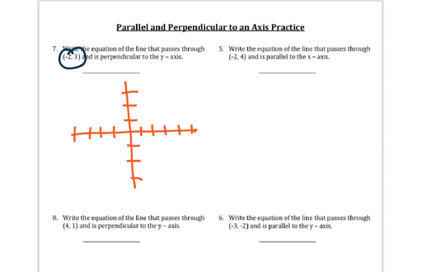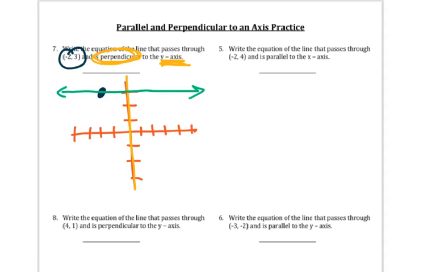So (-2, 3) means left 2, up 3, here it is. Perpendicular to the y-axis. I find the y-axis, there it is. Perpendicular means it has to cross through my point and the y-axis. That is a perpendicular line.